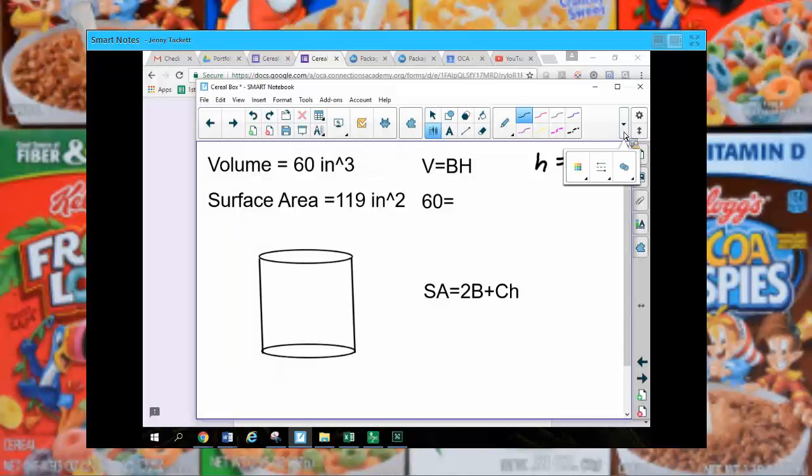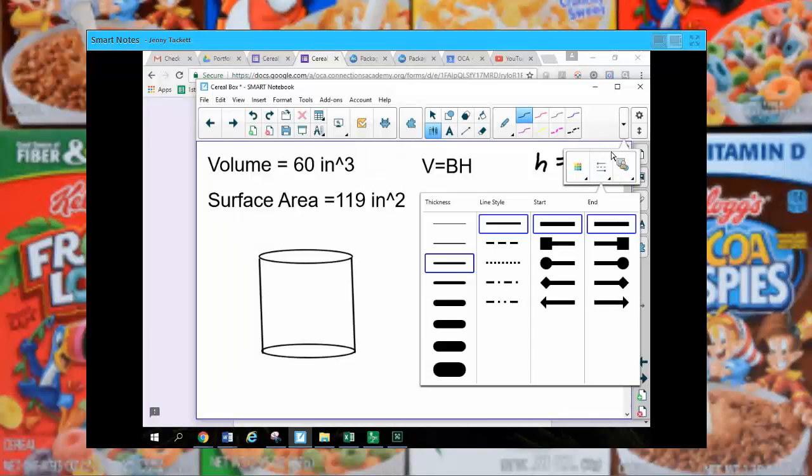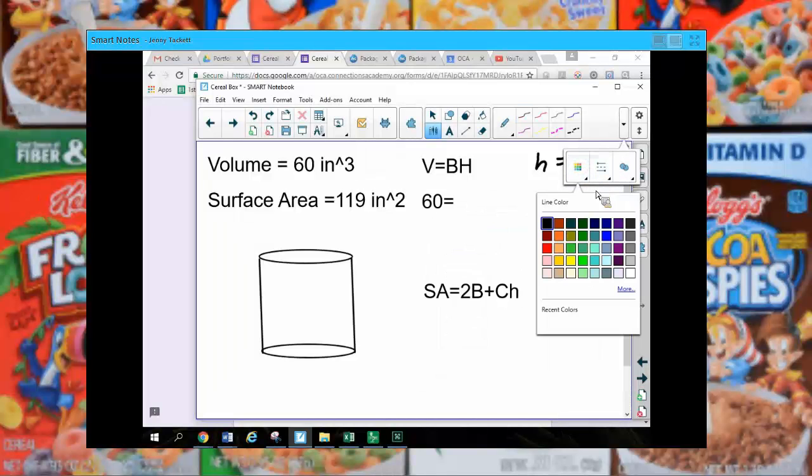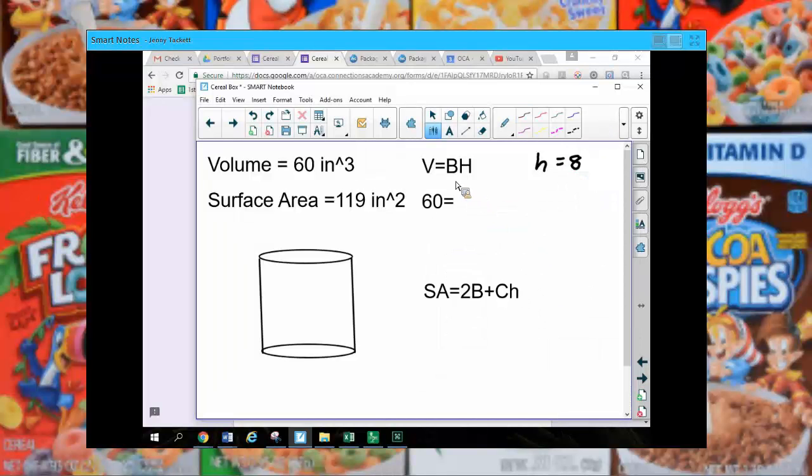Now I'd have to find the radius, because that I'm not sure of. So I know my base is pi r squared, and I'm going to multiply that by the height.